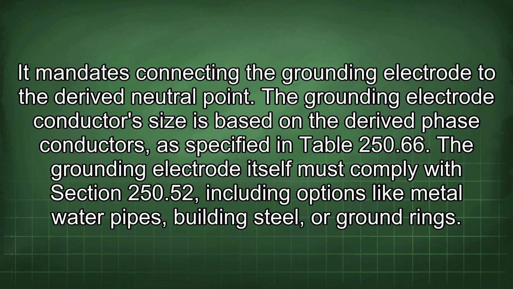It mandates connecting the grounding electrode to the derived neutral point. The grounding electrode conductor size is based on the derived phase conductors, as specified in Table 250.66. The grounding electrode itself must comply with Section 250.52, including options like metal water pipes, building steel, or ground rings.